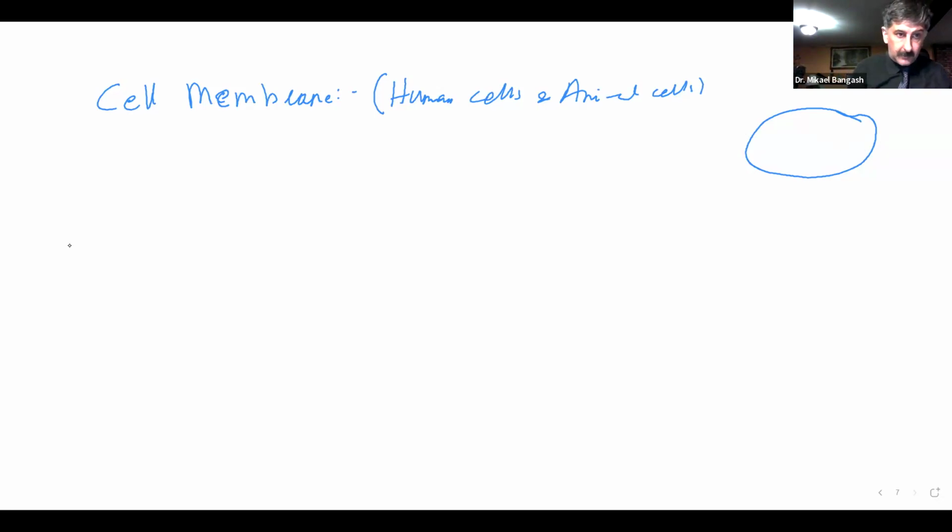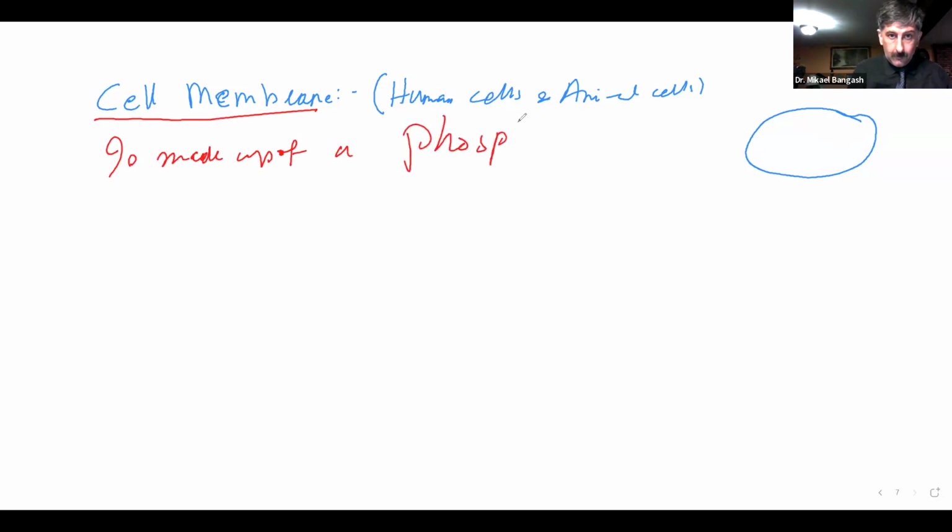But this cell membrane here is made up of phospholipid.